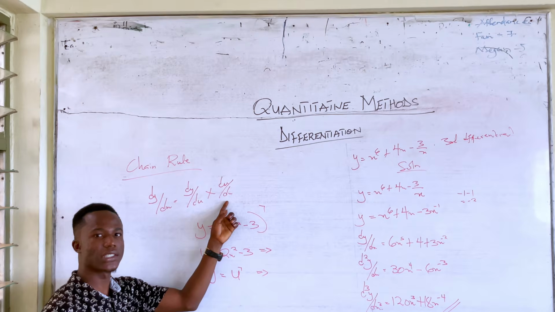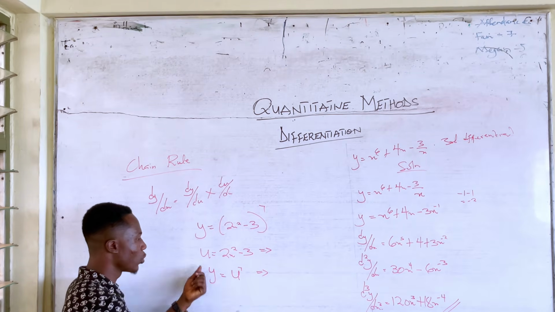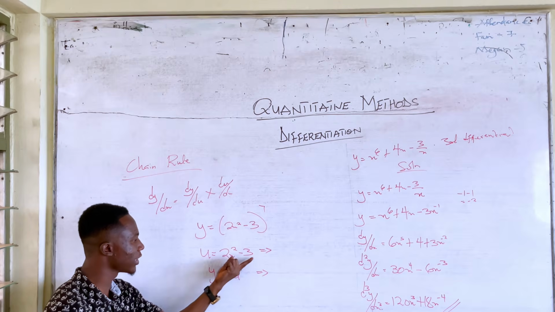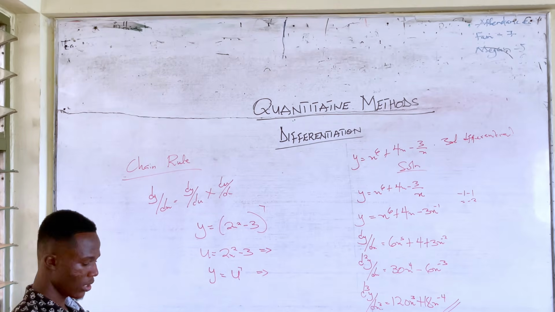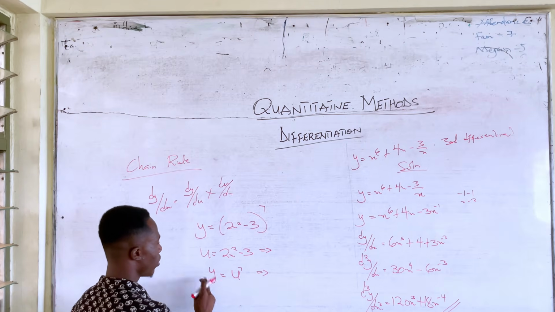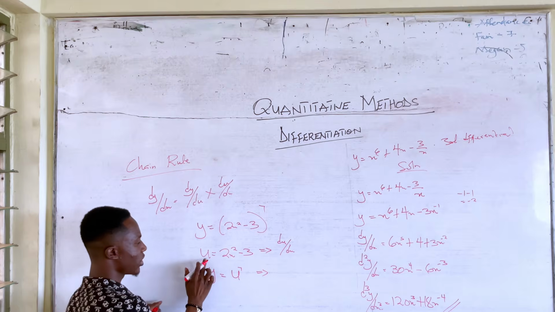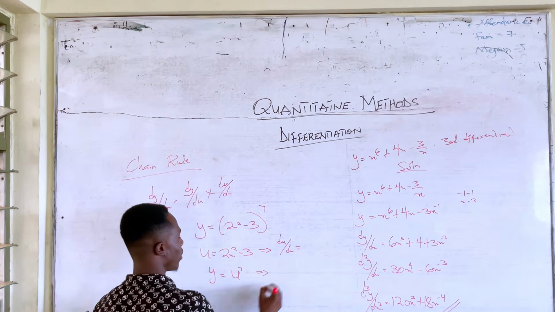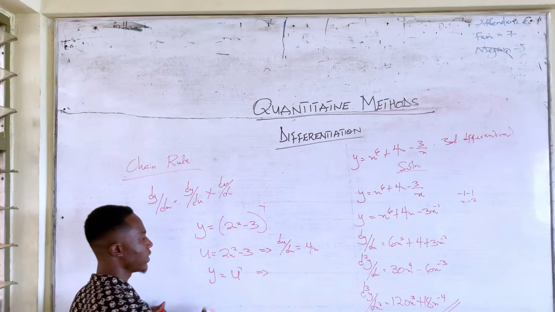This is du/dx. So it means you are to differentiate u with respect to x. So you differentiate this one to get du/dx. Then you substitute it in the formula. Then you are done, or you are good to go. So here we say du/dx, because we are differentiating u with respect to x, is equal to 4x, right? And here is 0.